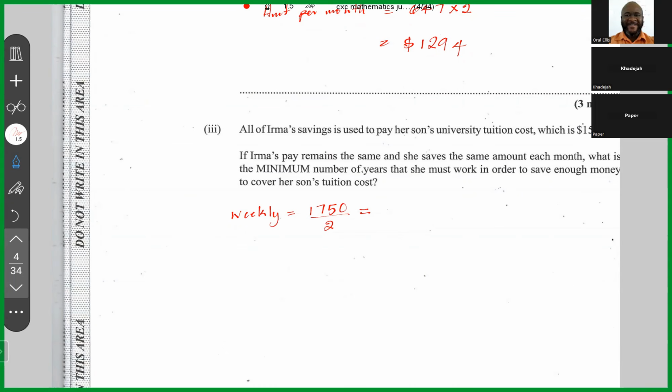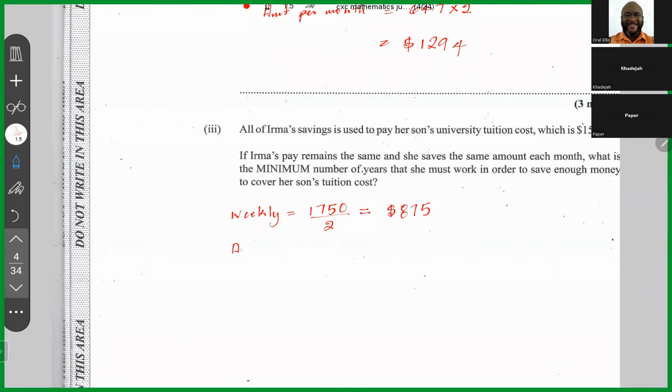So weekly Irma is saving 1,750 divided by 2. She's saving $875 every week.